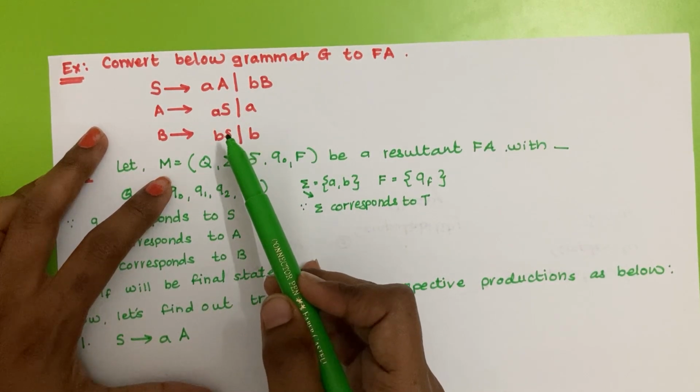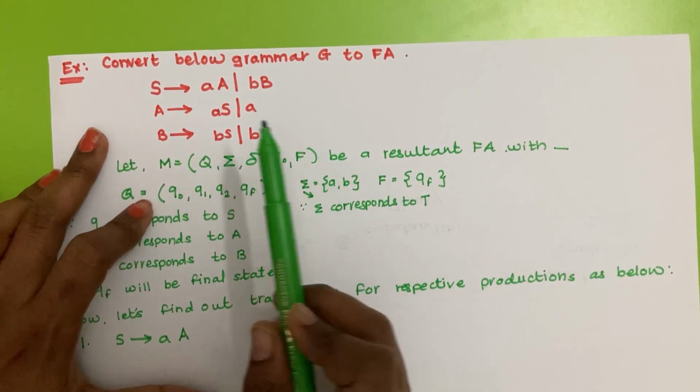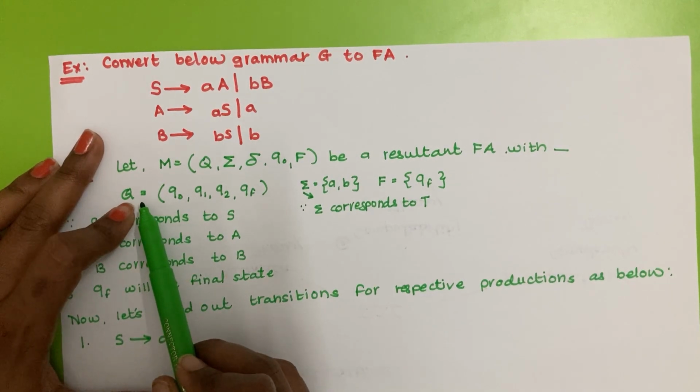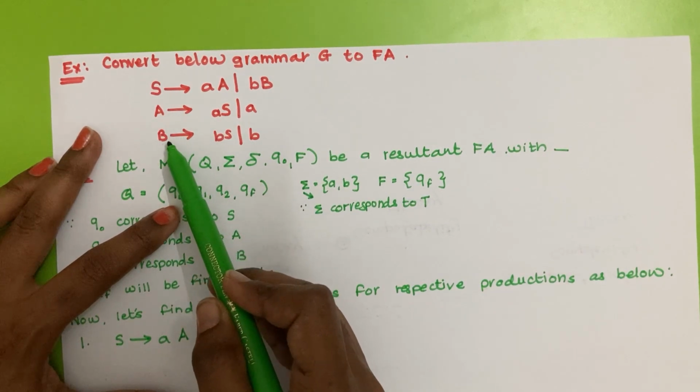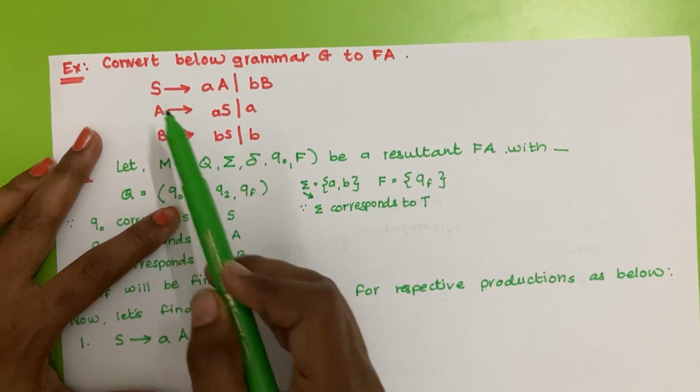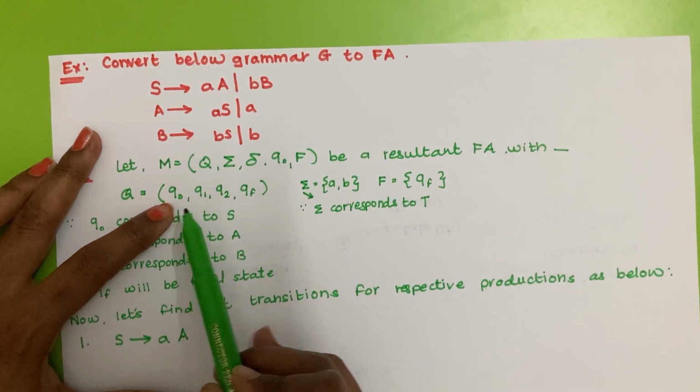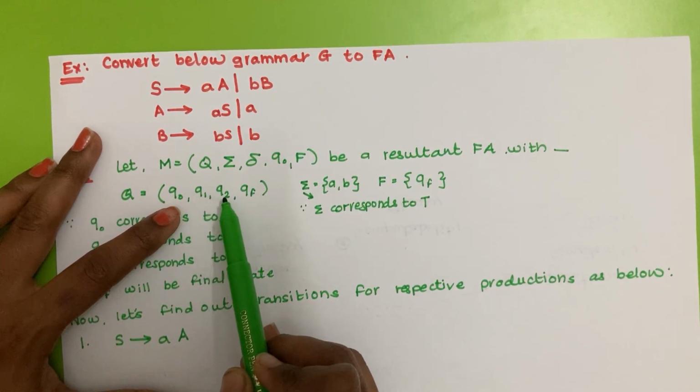So how can we get all these 5 tuples? The first tuple will be Q. How can we find it? Here we have a total of 3 variables, and so we have taken 3 states, that is Q0, Q1, Q2.